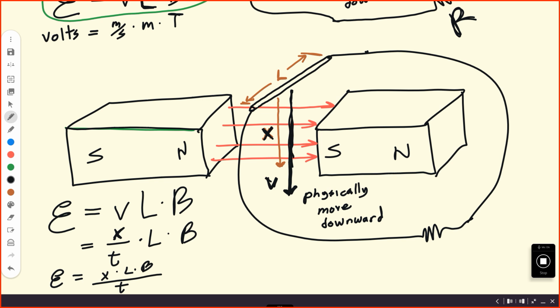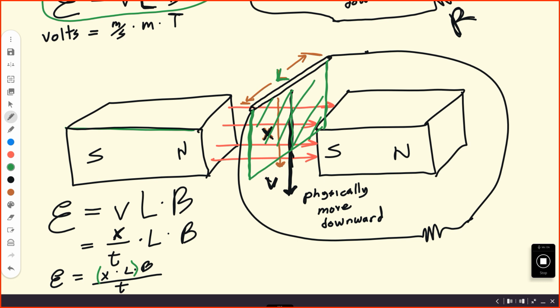Algebraically, that's the same. But I want to take a close look at this x times L. That x times L right there is an area. It's the length of the wire that's busting the flux, times this distance x.